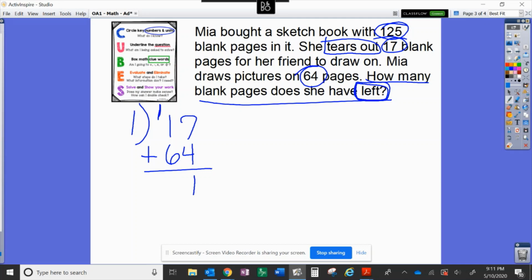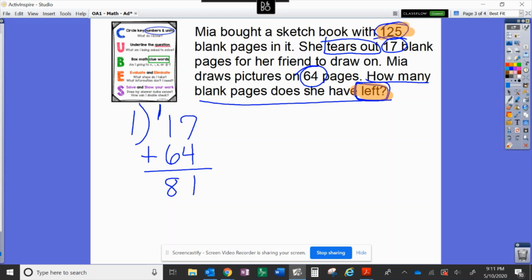So I have 10, another 10 equals 20, and then 60 more. 6 tens is 60. So 60 more with 20 is 80. So that means that Mia has actually lost 81 pages in her book, but that's not my question. Remember, I want to know how many she has left of the total she started with.